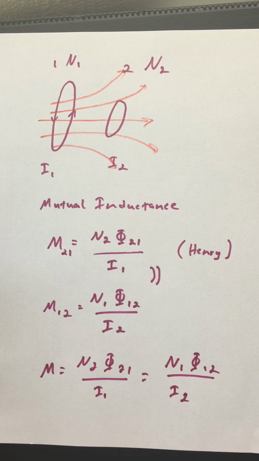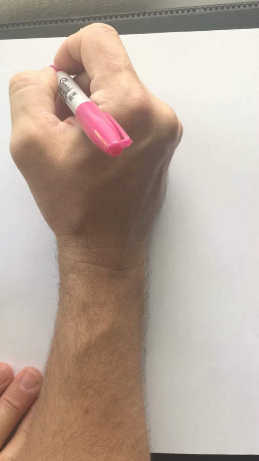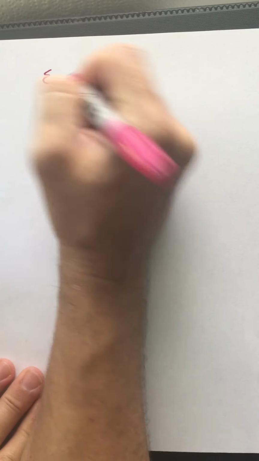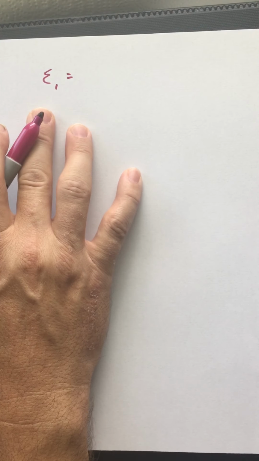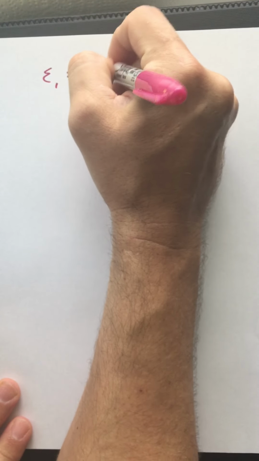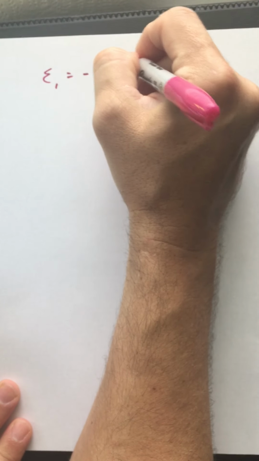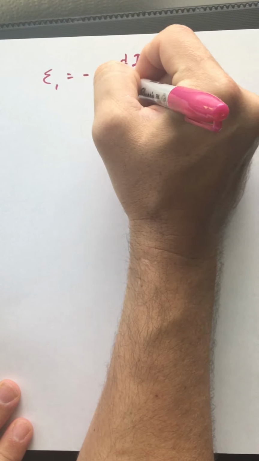Okay, what do we do with that after we have it? What we really want to do is be able to characterize the EMF induced in either of the coils simply, and as it turns out, there are some simple expressions for that. The EMF induced in coil 1, remember we have a coupled system here, I don't have a coil 1 unless I have a coil 2, is E1 equals minus the mutual inductance M times dI2/dt.